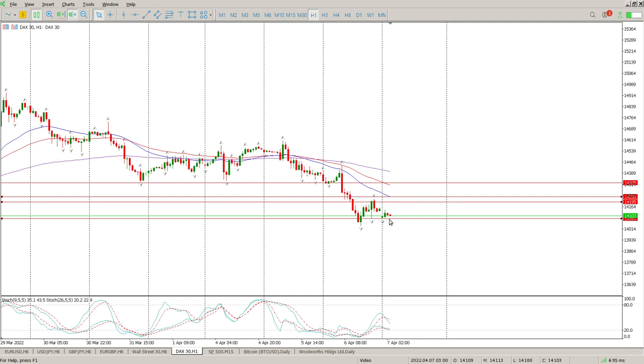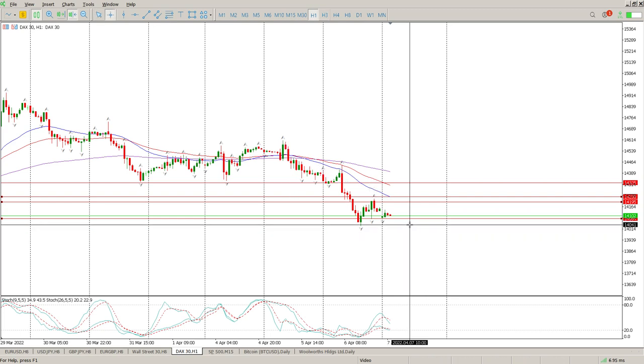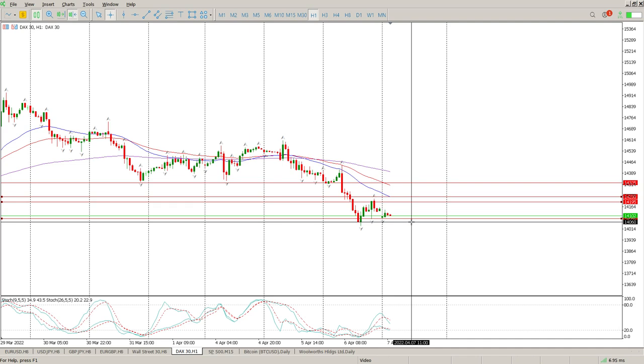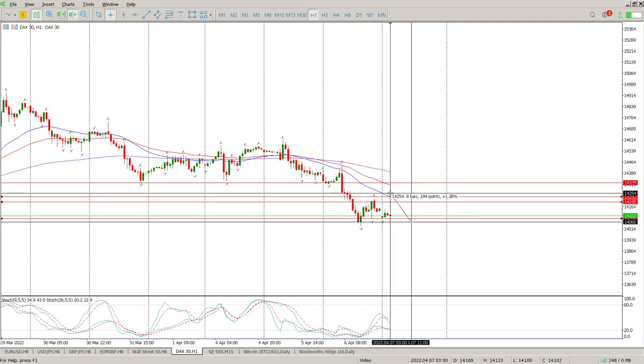The second scenario is if we break below the 14084 down, let's say we get to 14000, come back and bump our head on this level here and start rolling, that's a great opportunity for a short, and it is going to follow the trend that has formed over the last 2 days. So you're looking at an entry roughly around there, you're looking at a stop up there, so it's a 200-point stop loss.